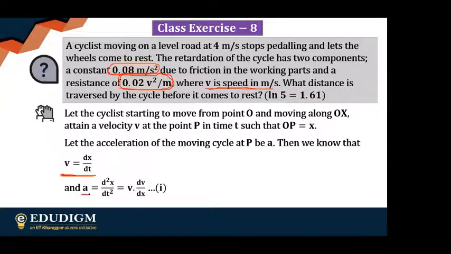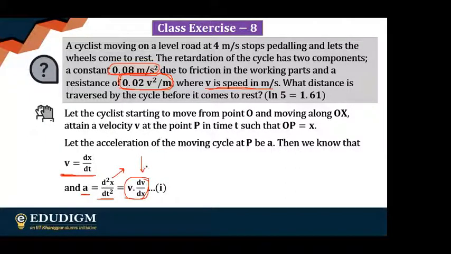And acceleration, well, we are talking about the retardation, so obviously I'm just going to take the negative value. It's perfectly okay. So this is d2x/dt2, because this is d/dt of dx/dt. You know that acceleration can alternatively be written as this, because I can break this part as d/dt of dx/dt, and some basic manipulation will give you this. Not very difficult, so try and understand how we can write this one.